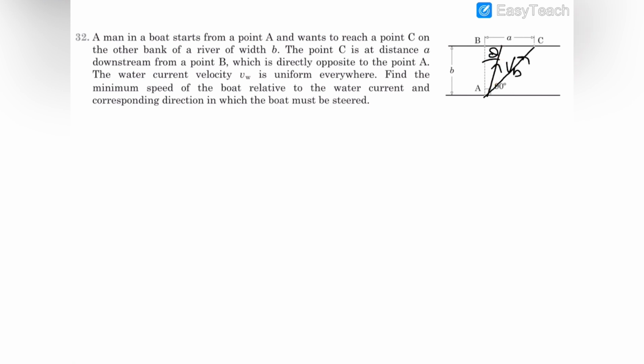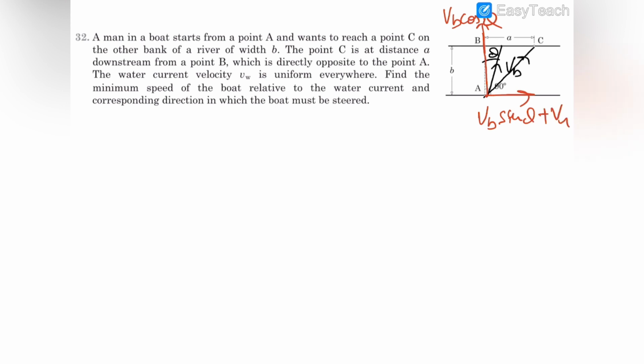You can see that the component of VB on this line is VB cos theta. So this is VB cos theta, and here the component is VB sin theta, and the river velocity is VR.